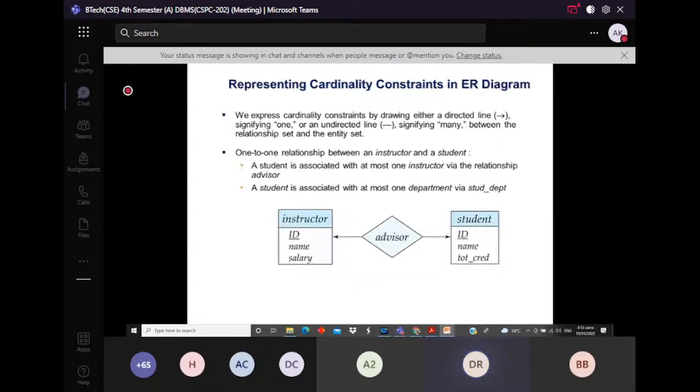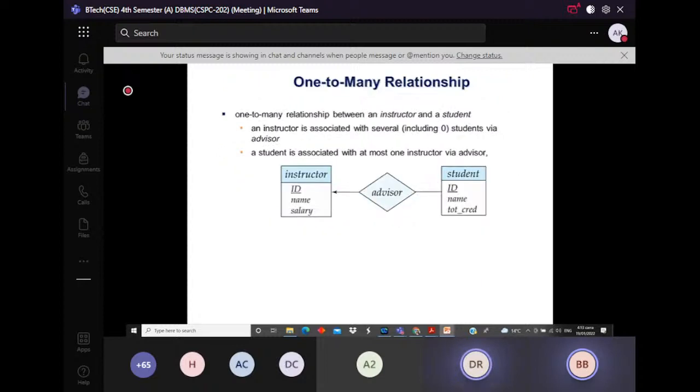Ma'am, in one to one, an element of a particular set maps to one element in another set. Yeah, right. And in one to many, one element of a particular set maps to two or more elements of another set. In many to many, elements of one set relate to many elements of the other set, right? Yes.